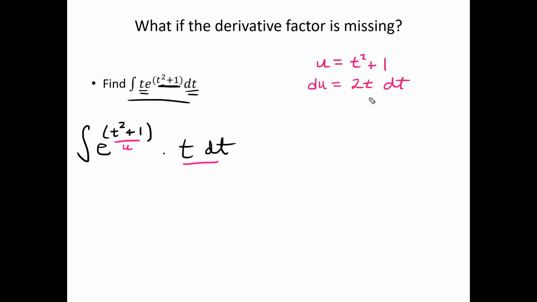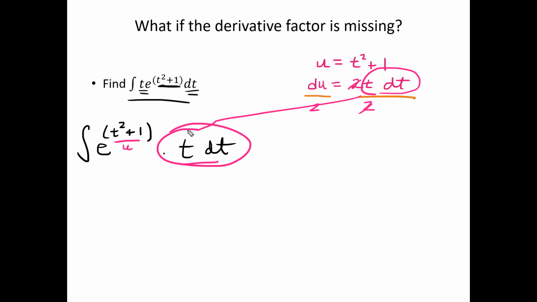That's not that piece. No problem. Anytime you have a number missing, what I could do is divide both sides by 2. And notice that is exactly now the outside piece.